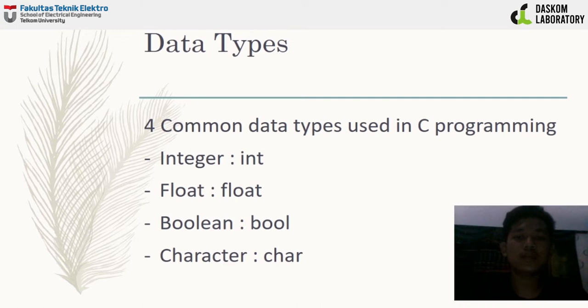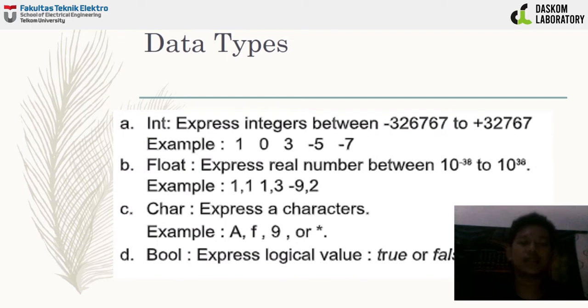Second is float, written as float. Third is Boolean, written as bool, and the last is character, commonly written as char. Character is one of the data types that contains alphabet. Okay, this is the description. I'm going to explain it one by one.